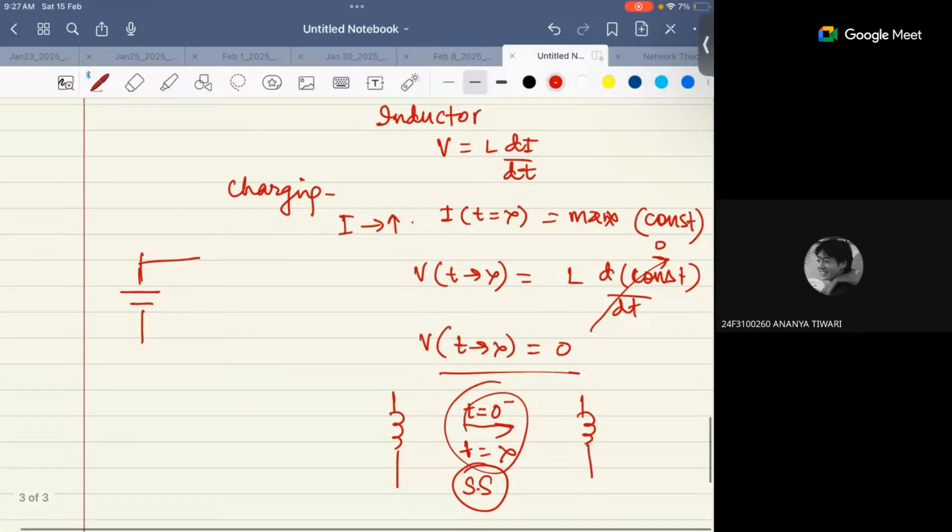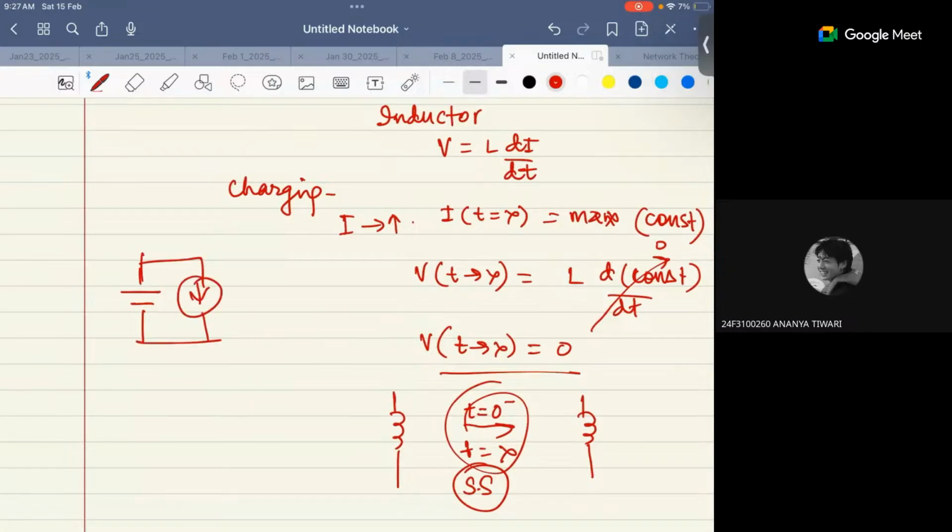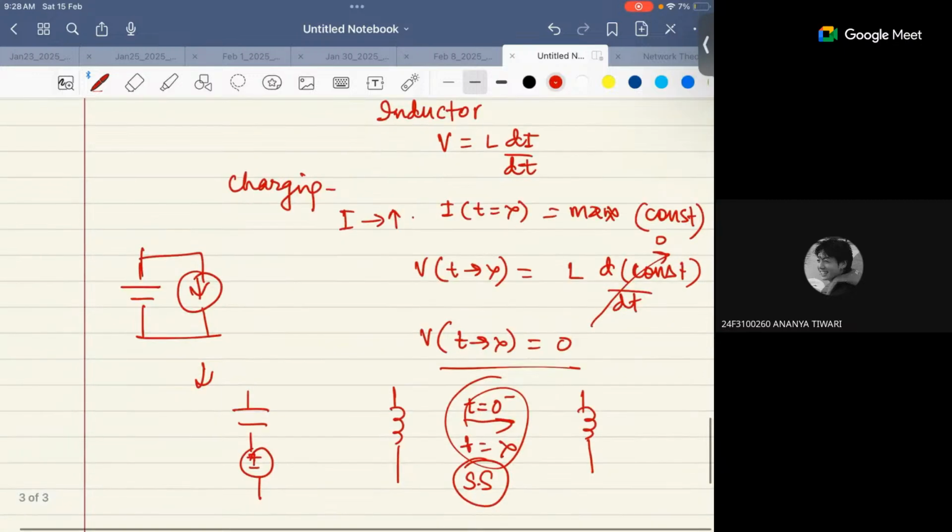If you have a current source in parallel to a capacitor, you can change it like this, with a voltage source. No, in the last lecture, the professor changed the inductor into a current source. Your voice is not clear, but okay, I'll just see what he has done in the last lecture.